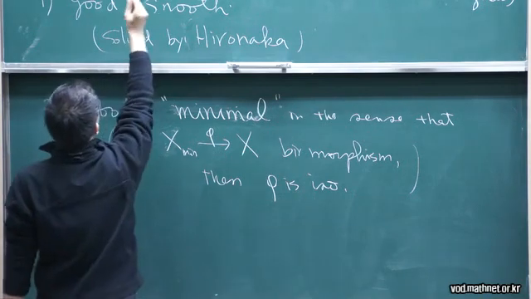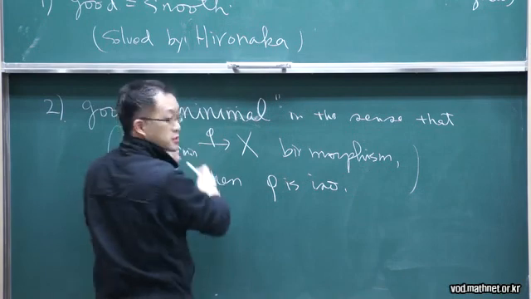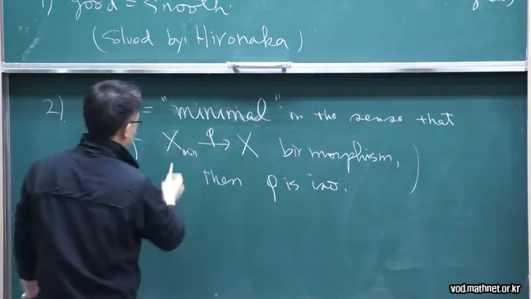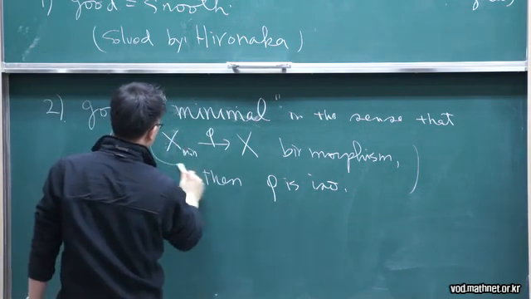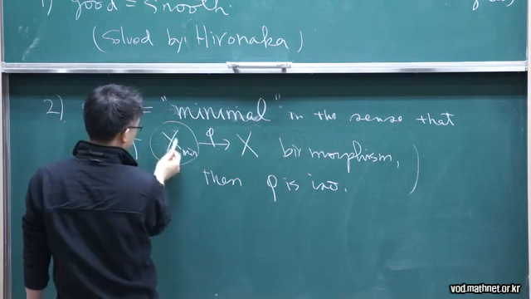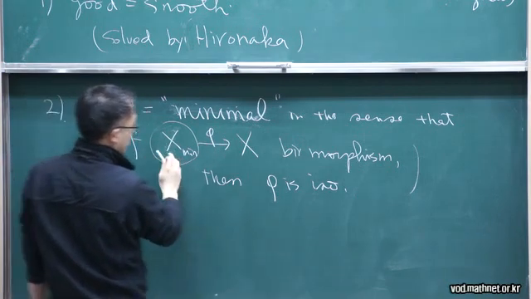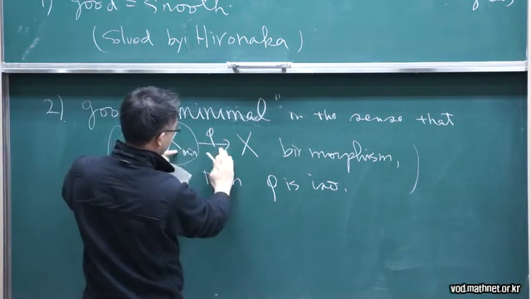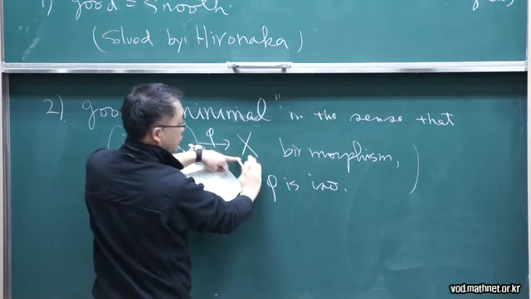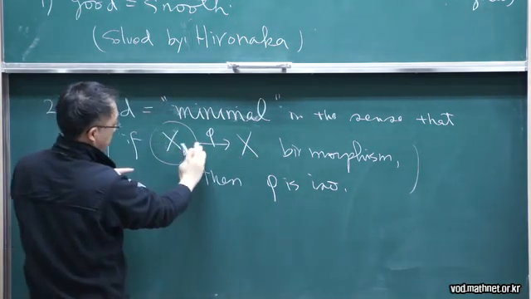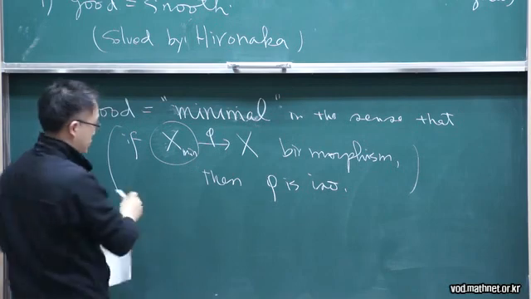So the goal of the minimal model program is to find such an element, denoted here by X min. If there is a birational morphism to another model, then this map must be an isomorphism.